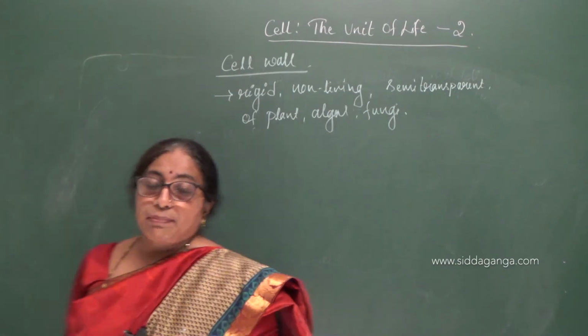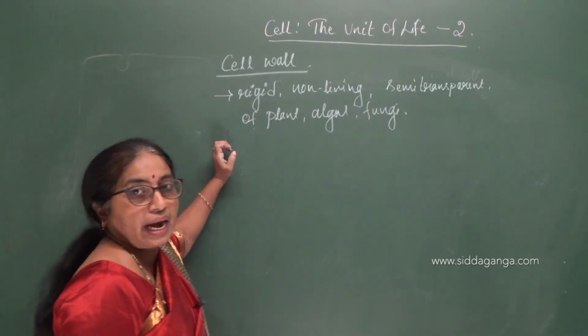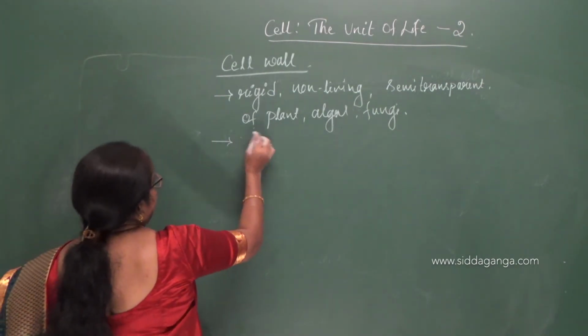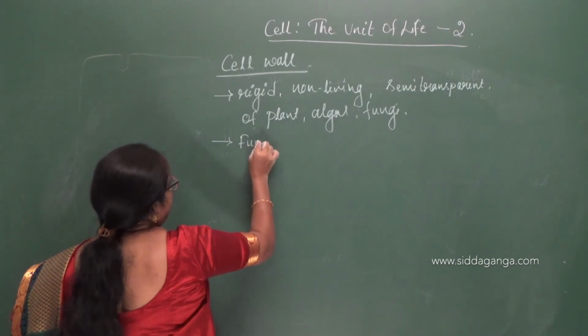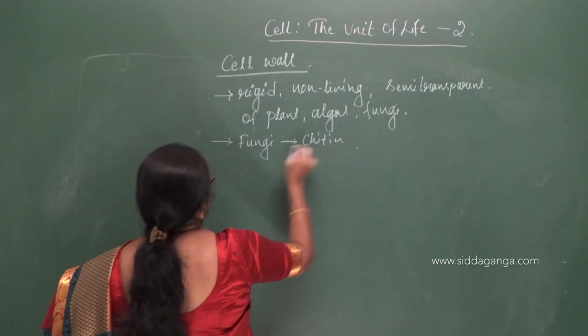So cell walls are absent only in case of animal cells, but they are present in plant cells, algal cells and in fungi also. In case of fungi the cell wall is made up of a substance called chitin.